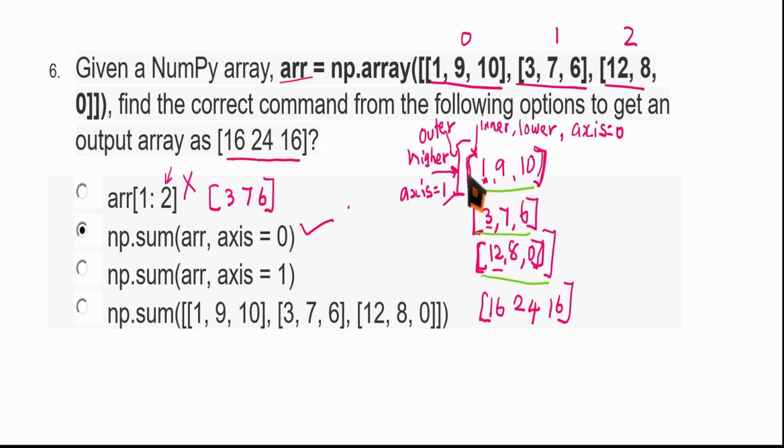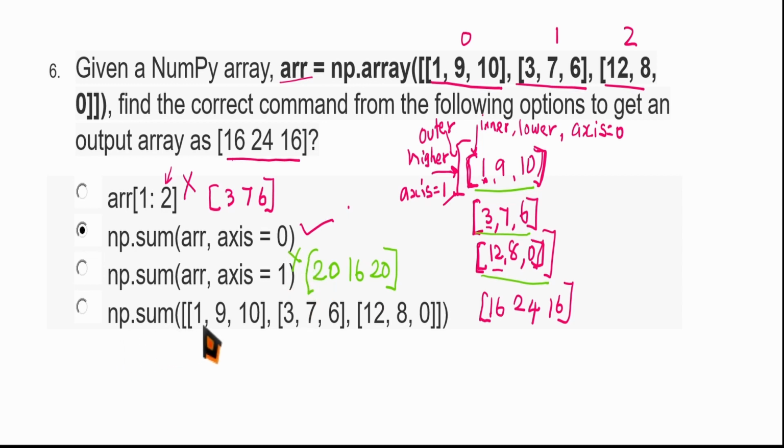That is, in the next lower level it will be added. 1 plus 9, 10, 20. Similarly 3, 7, 6. So this dimension will vanish now. So 3, 7, 6, 10, 16. This is 20. So this will be the answer for that. And this is not correct.